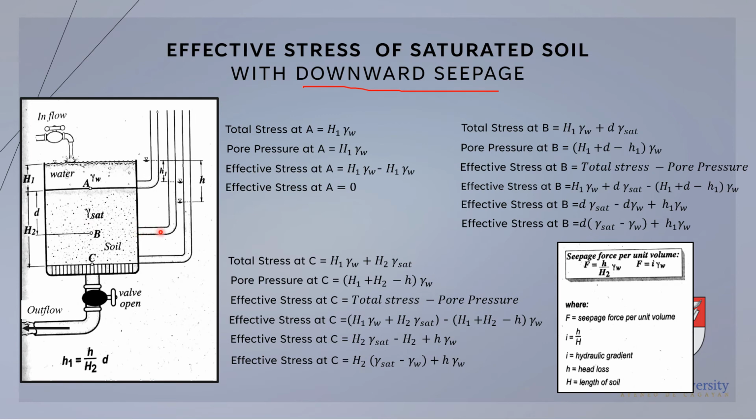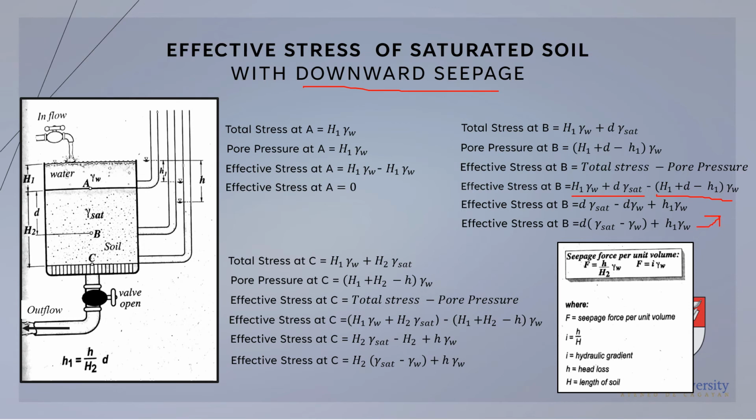So that is actually the pressure head at point B, no? Times the gamma water. So effective stress at B is still equal to the total stress minus the pore water pressure at point B. So if we're going to simplify the equation, that is the total stress minus the pore water pressure, we'll come up with this equation.